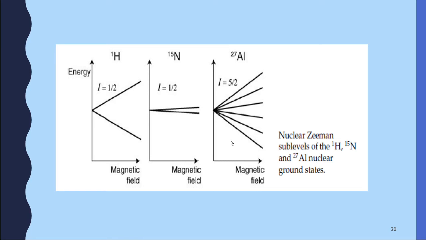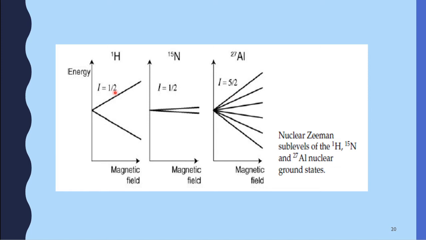Now, this is an example of the nuclear Zeeman sublevels. You have here the proton, the nitrogen-15 and the aluminum-27.